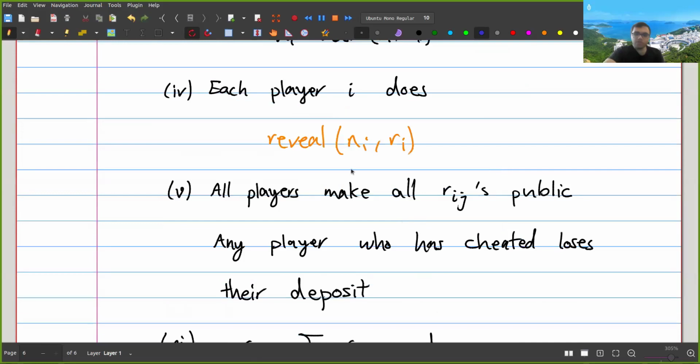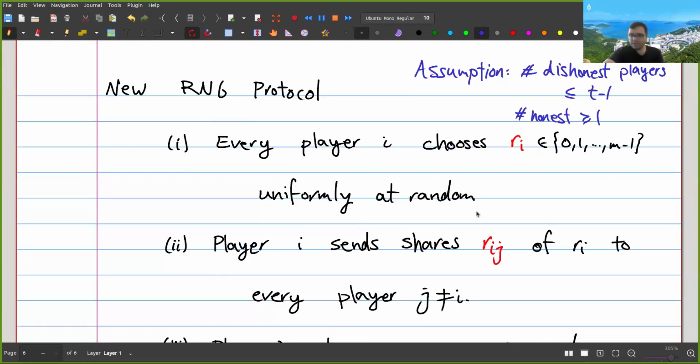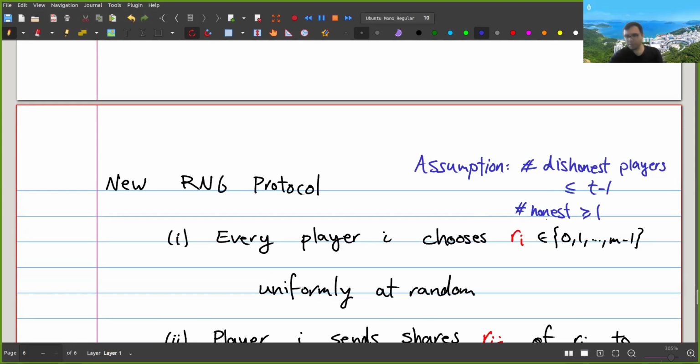And also, when someone doesn't reveal, the honest players should be able to come together, make the Rij public, and find the value that was not revealed, right? But in order to do that, I need at least t honest players. So the number of honest players should not just be at least 1, it should actually be greater than or equal to t. So if you look at this, I have to choose my t so that the number of dishonest players is less than t, and the number of honest players is greater than or equal to t.